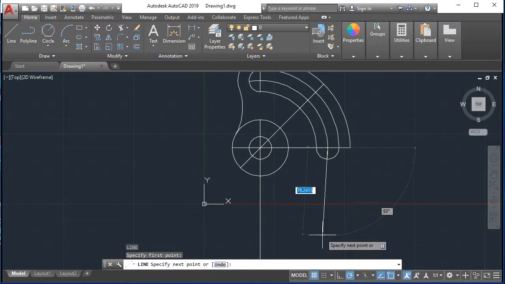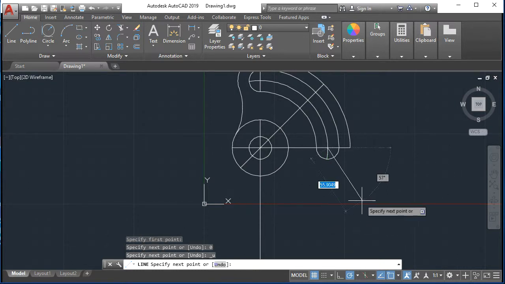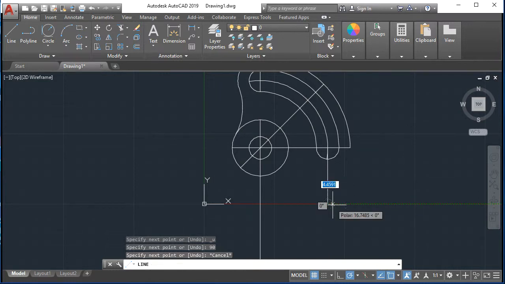I am simply taking 50 as my distance at 90 degrees. Sorry, I think it is only 50 and 90. So this is the line.